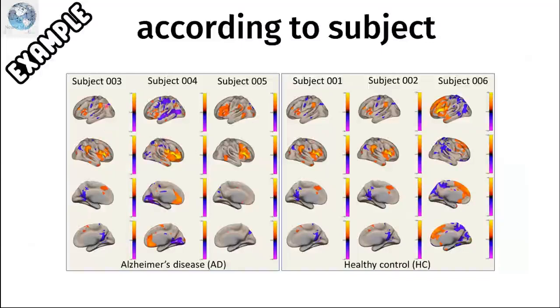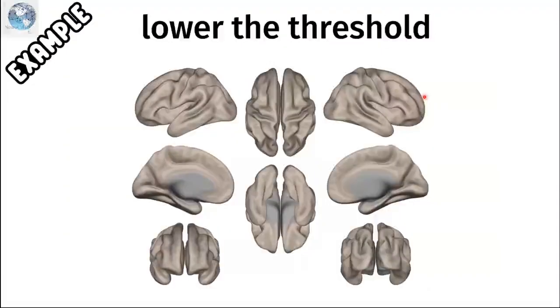Okay, this is subject by subject because this is a pilot study. This shows the different activity in the brain according to the subject in healthy control and Alzheimer's disease. It depends on how you project the image. You can produce as many images as you want, but you need to know which images you want to use in your publication.